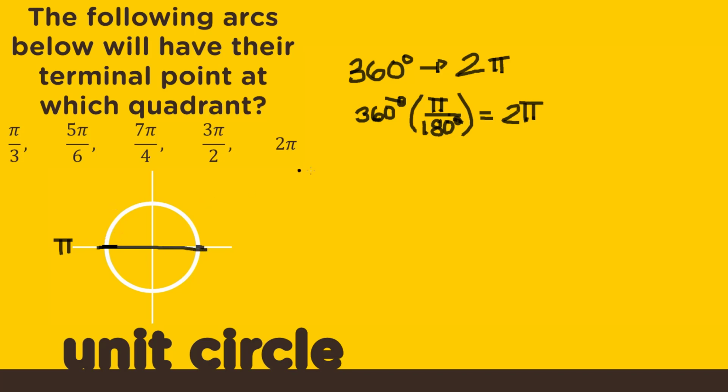So earlier, in the previous video, we're able to locate pi thirds already, because pi thirds is just equal, in degree measurement, to 60 degrees. You can verify that using a conversion factor as well. But let's not put degrees here to emphasize the idea of this pi. Pi over 3 means the pi, the semicircle, is divided into 3.